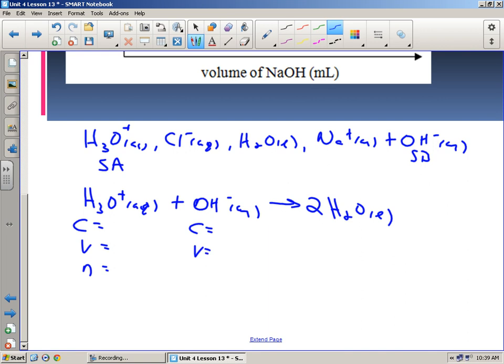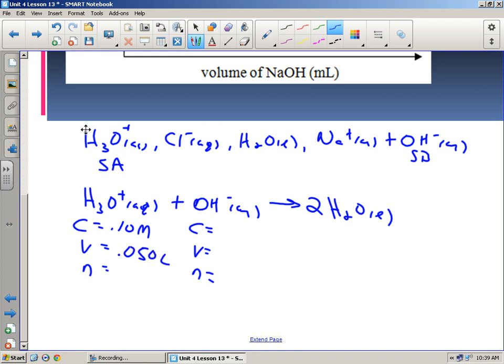This is good old-fashioned, straightforward stoichiometry. 0.10 molar, so I'm going to put 0.10 molar. Remember, strong acid, so if I use 0.10 molar to start with, I get 0.10 molar H3O plus. 50 milliliters of that, by the way.